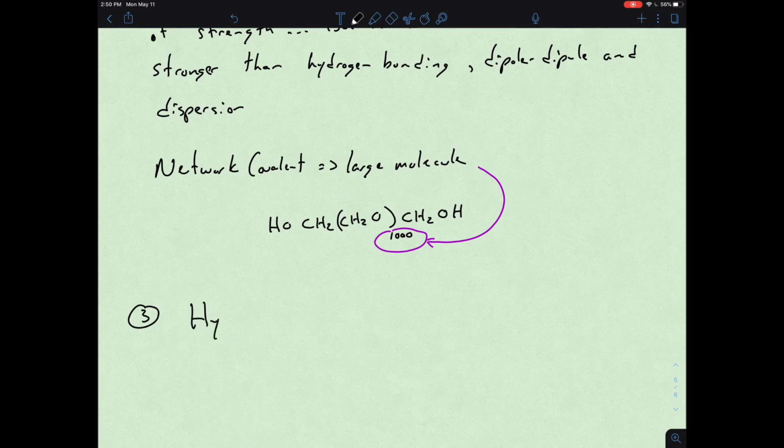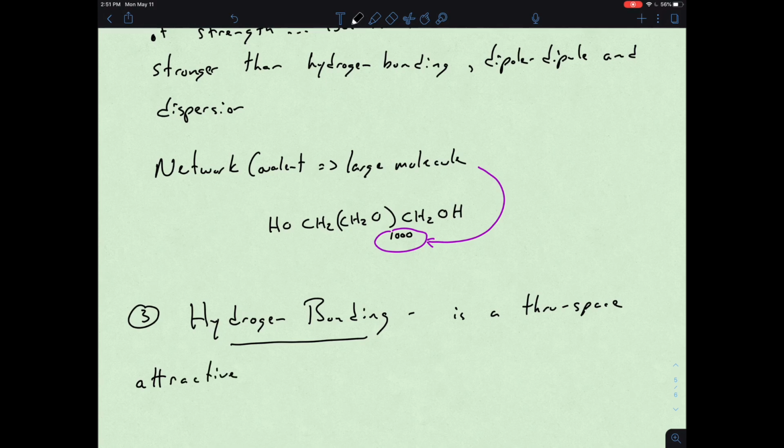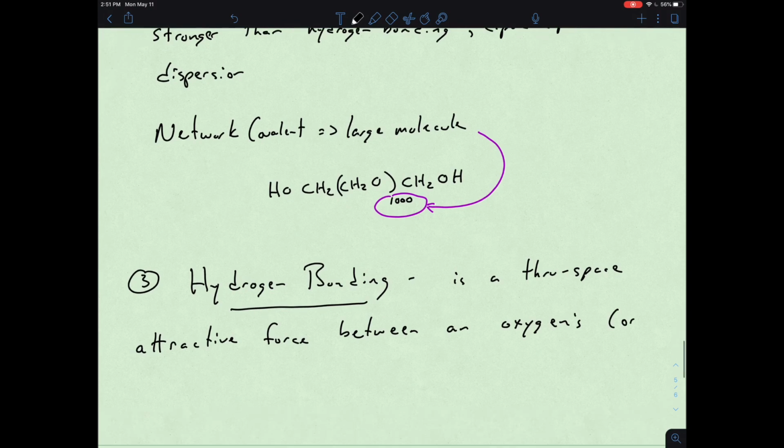The third one is hydrogen bonding. And hydrogen bonding is a through space attractive force between an oxygen's or nitrogen's lone pair and a polarized hydrogen atom.